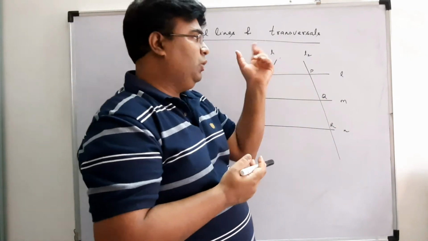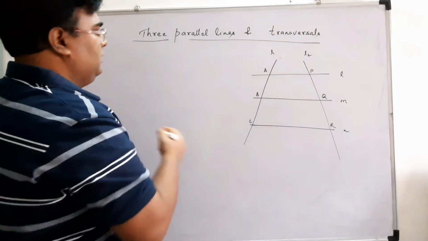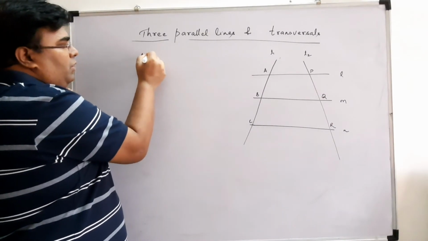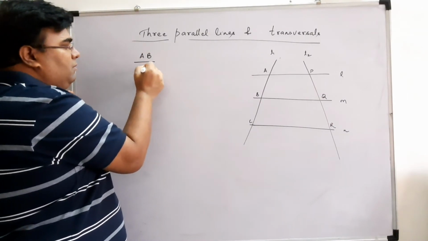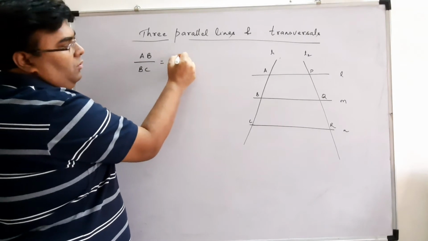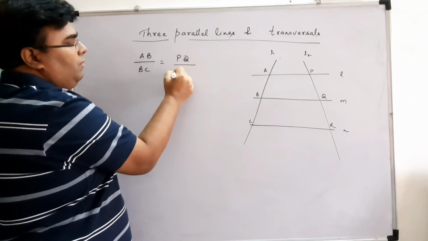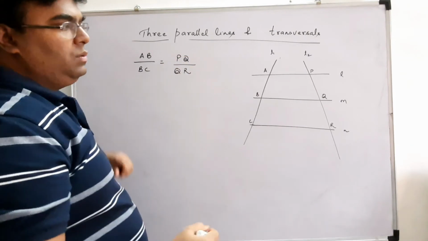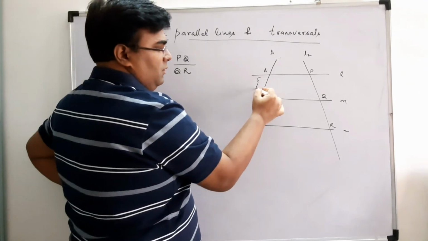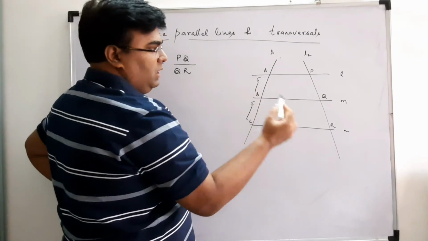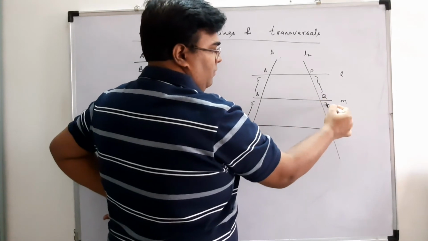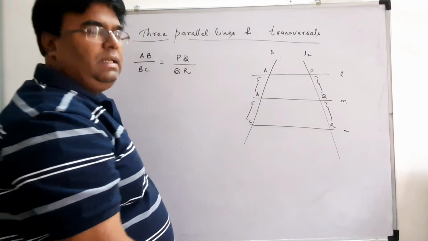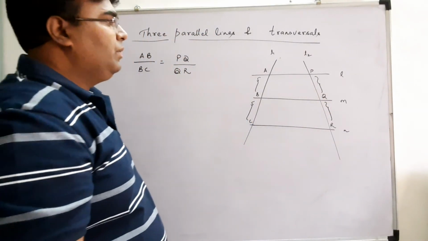Okay. So the theorem says that the ratio AB upon BC is equal to PQ upon QR. Means what? This upon this is equal to this upon this. Let us see how it works.